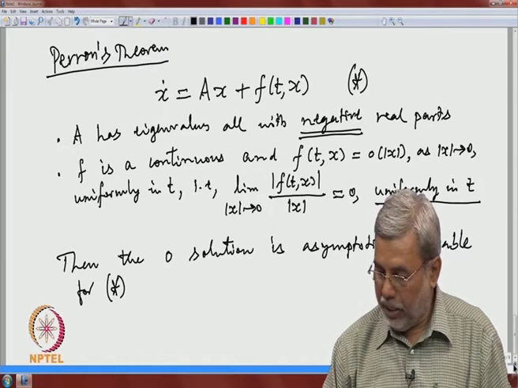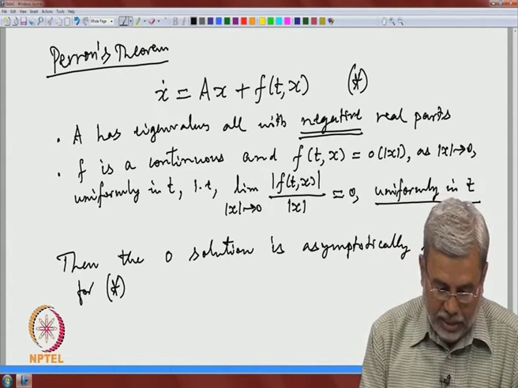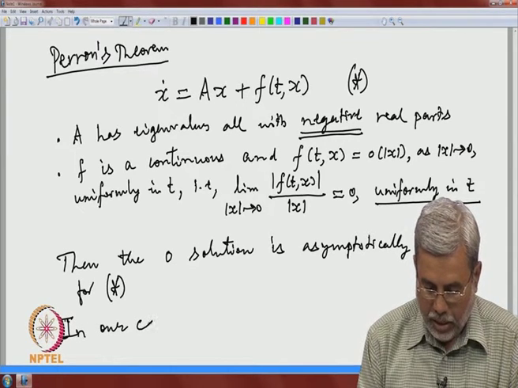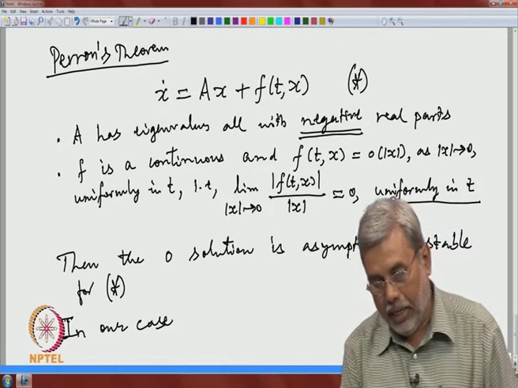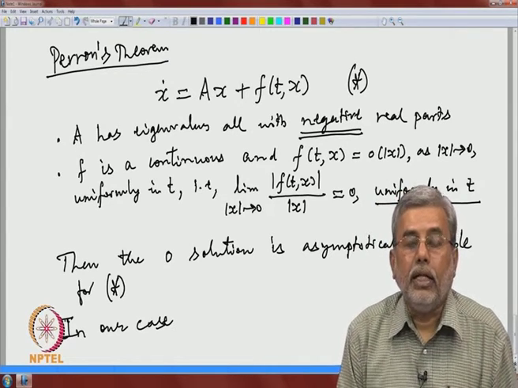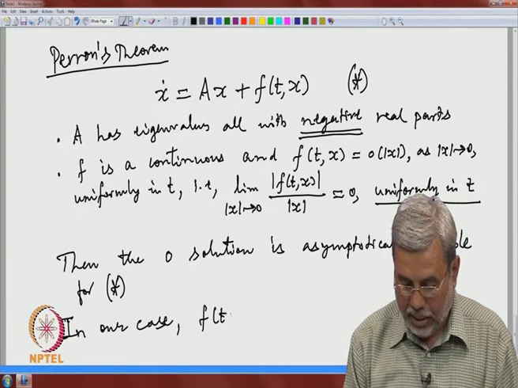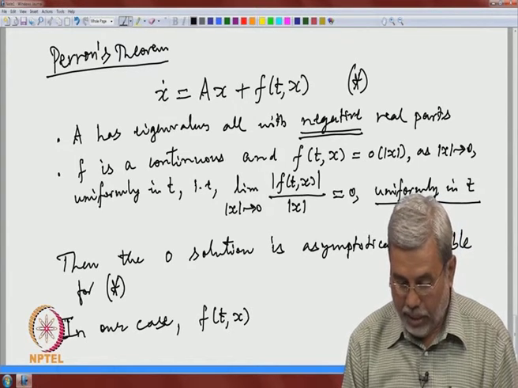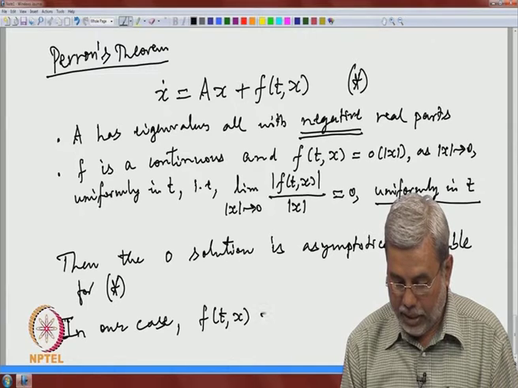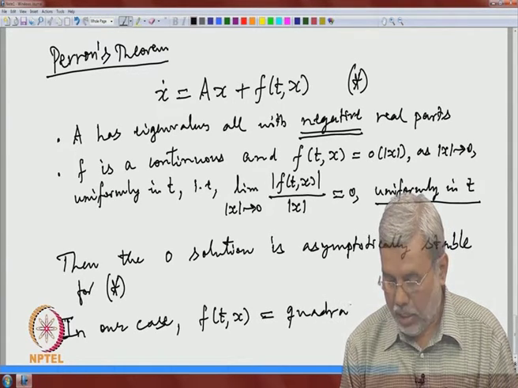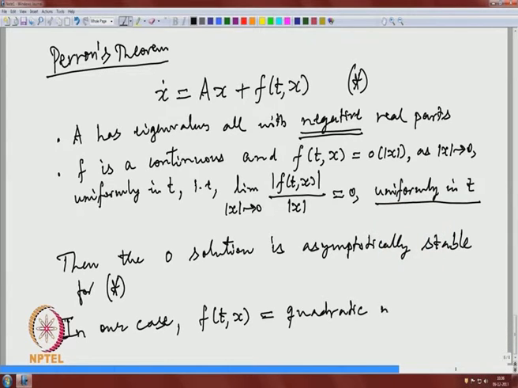Let me just indicate a proof of this. In our case, when we want to apply the linear stability analysis, f(t, x) does not depend on t, it is just quadratic in x.